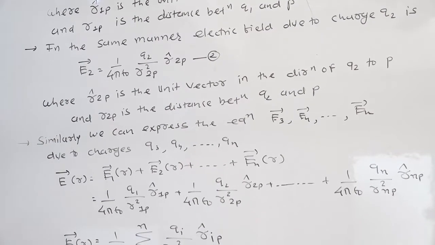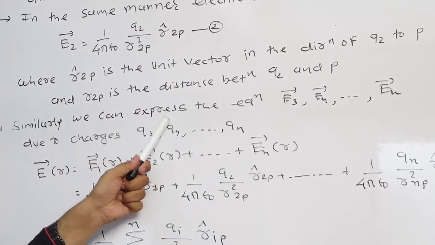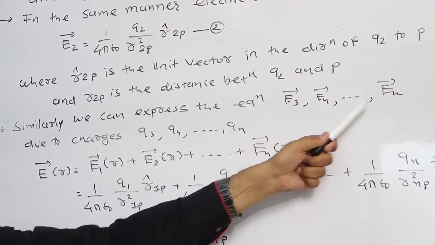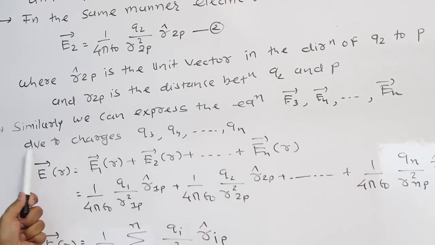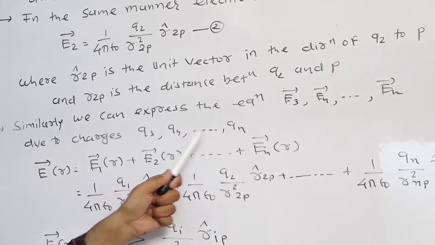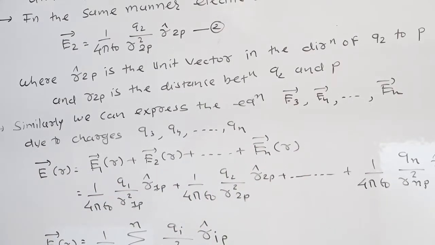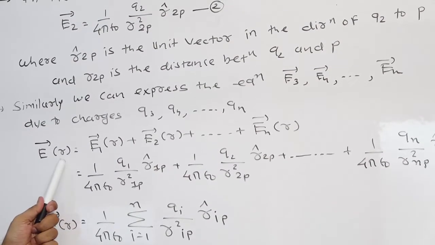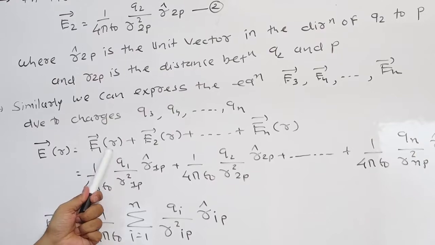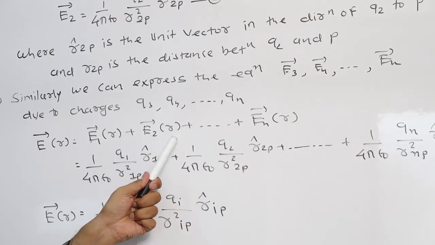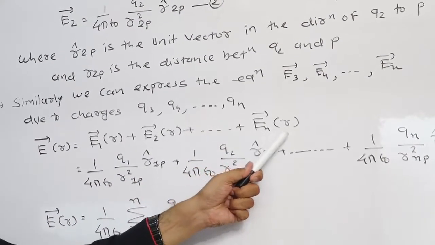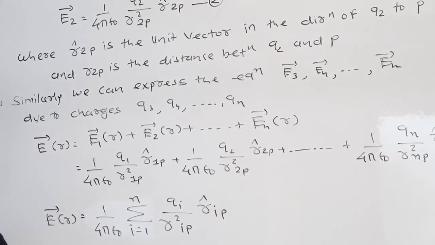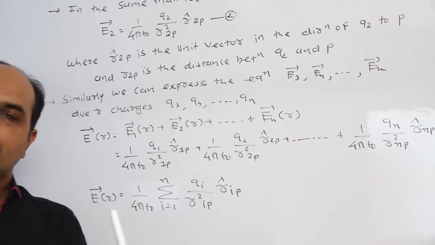Okay? Now the next step. Similarly, we can express vector E3, vector E4 up to vector En due to the charges Q3, Q4 up to Qn. The total electric field vector E of R is equal to E1 of R plus E2 of R plus up to En of R. Simply, vector E is equal to vector E1 plus vector E2 up to vector En.